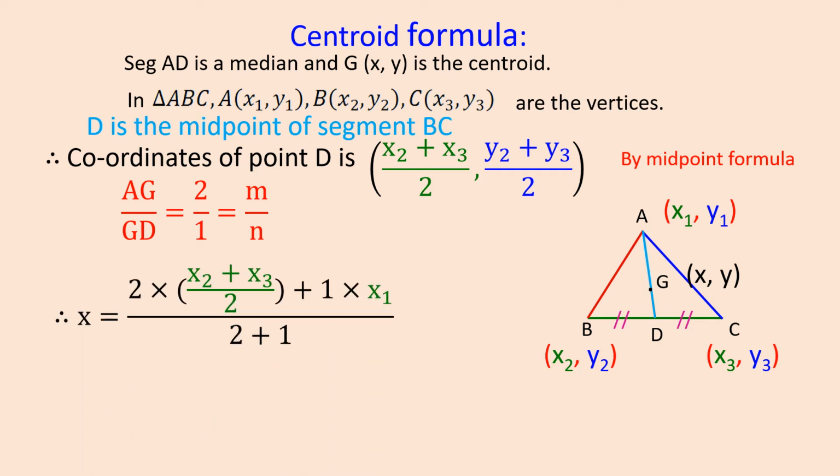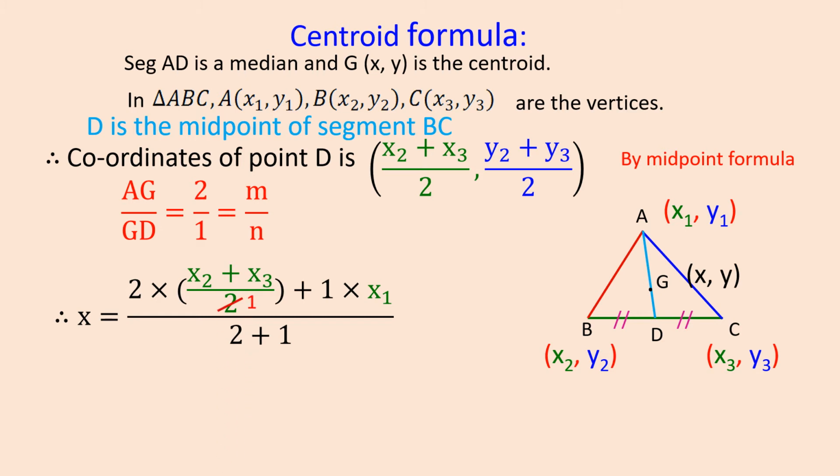For the x coordinate, as you know, we have the formula (m x2 plus n x1) upon (m plus n). The m value is 2, and D has x-coordinate (x2 plus x3) upon 2, plus 1 into x1, upon 2 plus 1.